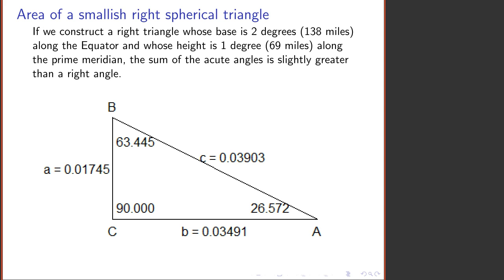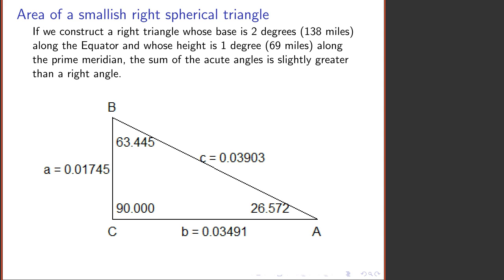Because by definition, a nautical mile is the length of 1 minute of longitude at the equator, and there are 60 minutes of longitude per degree. For the height, I'm going to use half that amount. I'm going to go 1 degree up the prime meridian. That's 60 minutes or 69 statute miles.